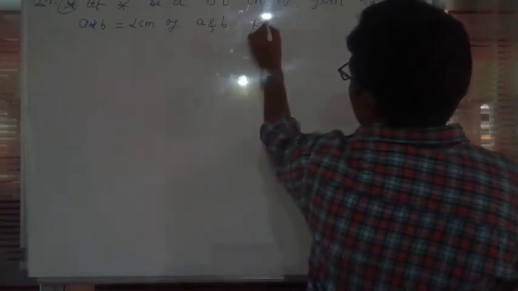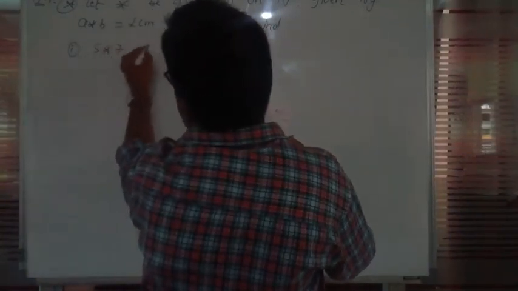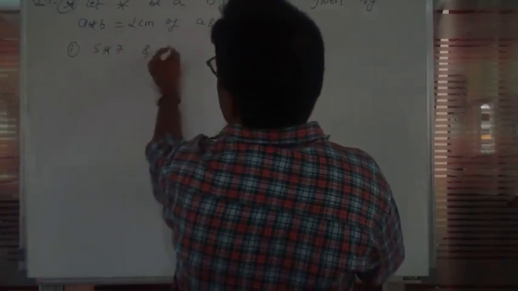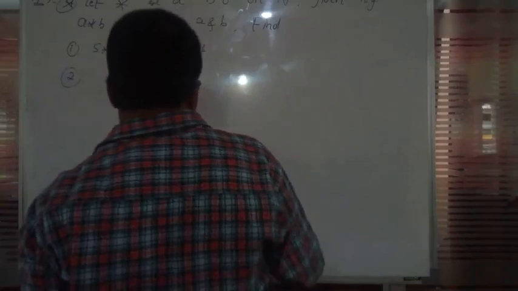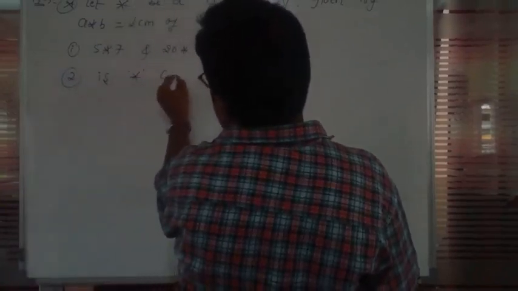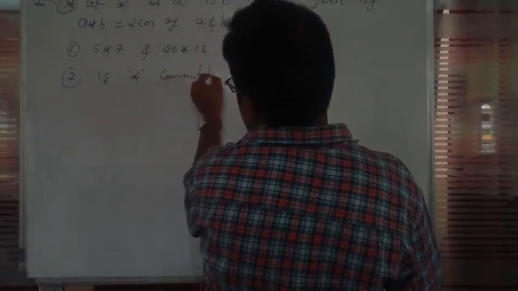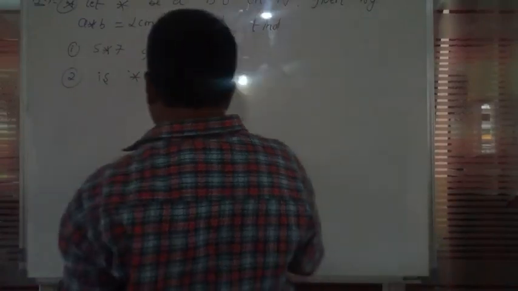Find: first, 5 star 7 and 20 star 16. Second, is star commutative?